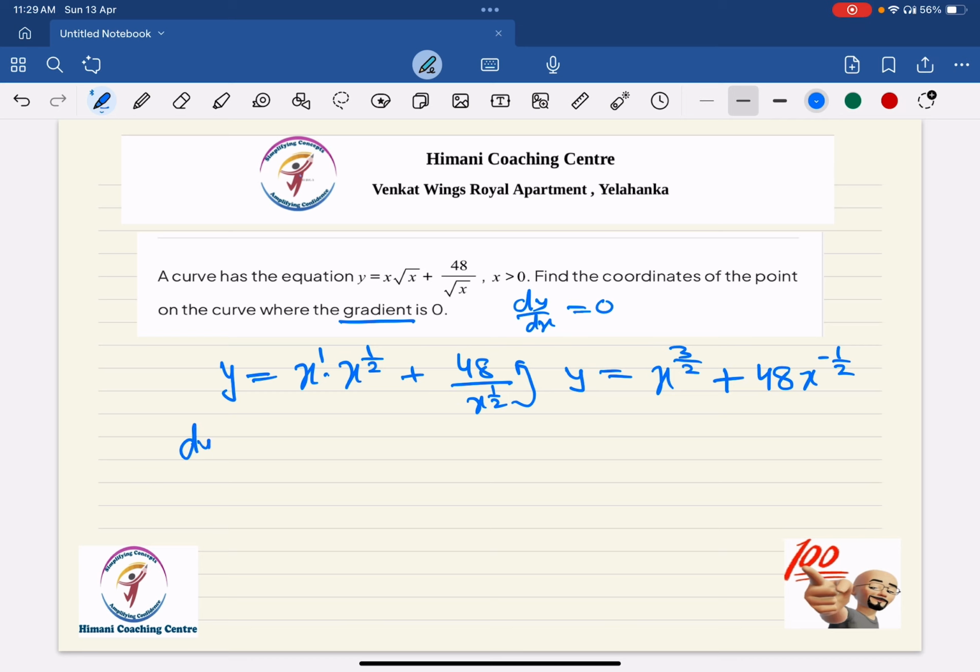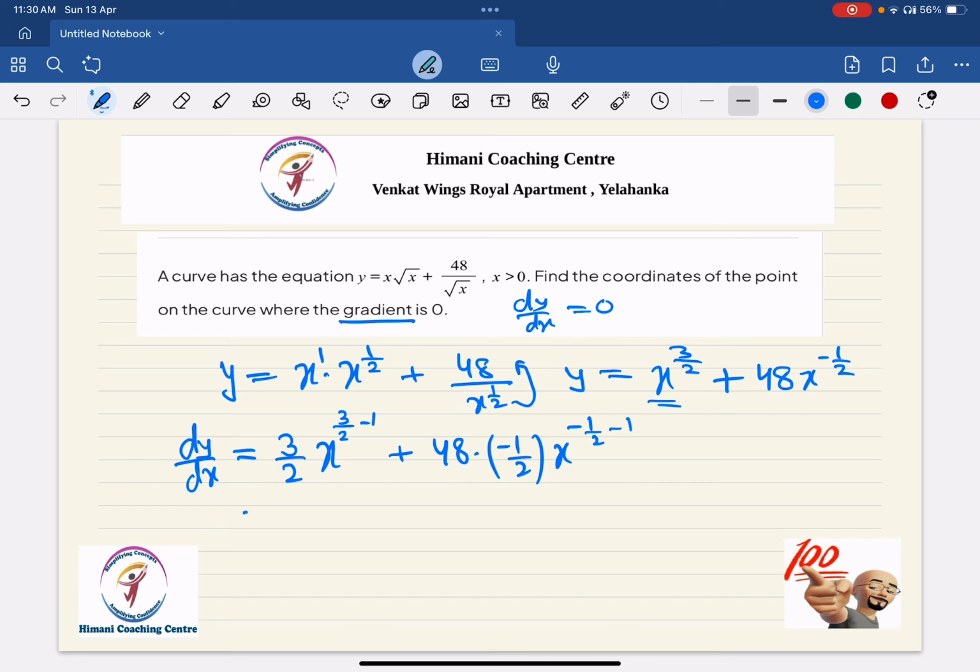When we differentiate, we are going to follow the rules. So dy by dx, my n in this case is 3 by 2. So I write 3 by 2 times x to the power n minus 1, which is 3 by 2 minus 1, plus 48. And now our n is minus half. So we write that, and x to the power minus half minus 1.